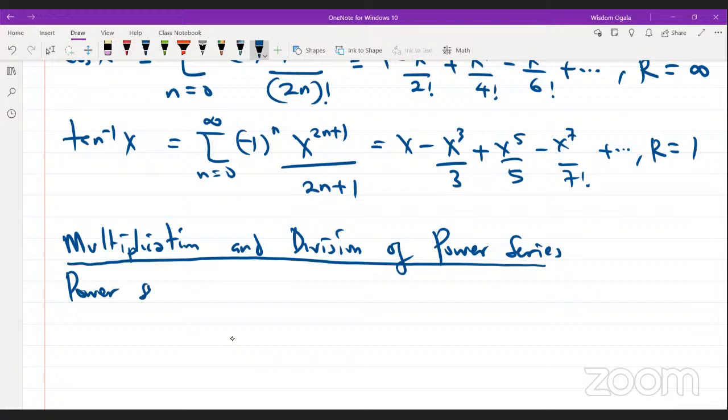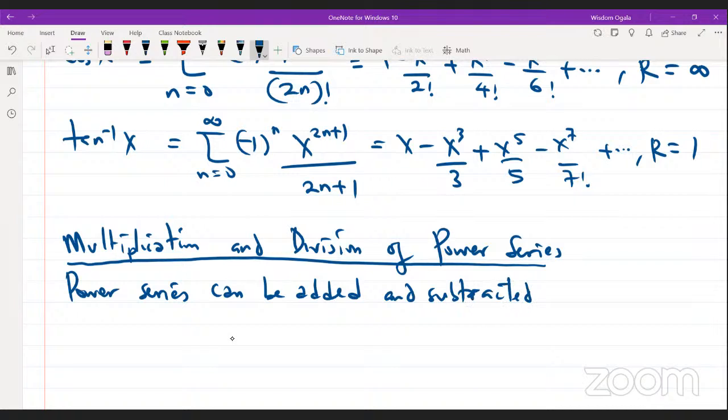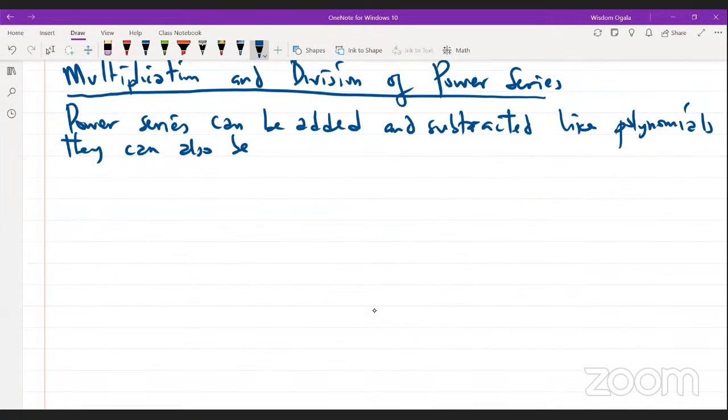So power series can be added and subtracted like polynomials. They can also be multiplied and divided like polynomials.